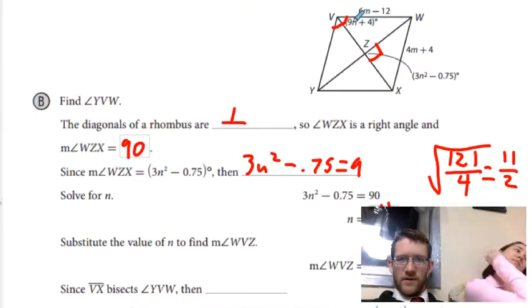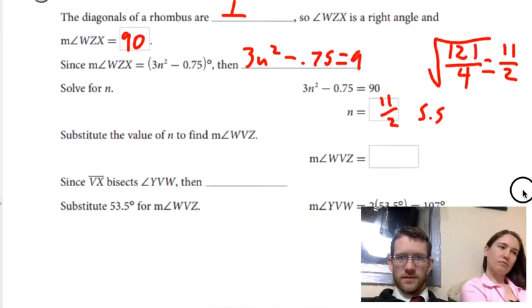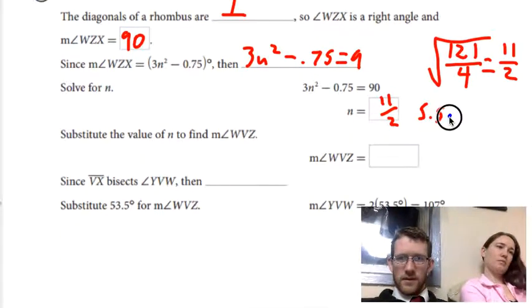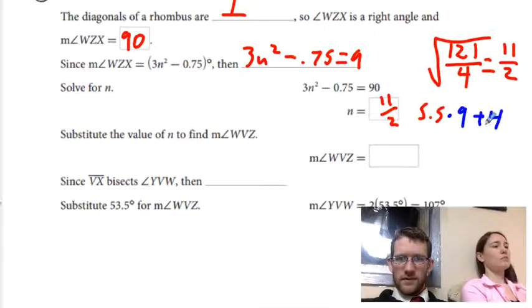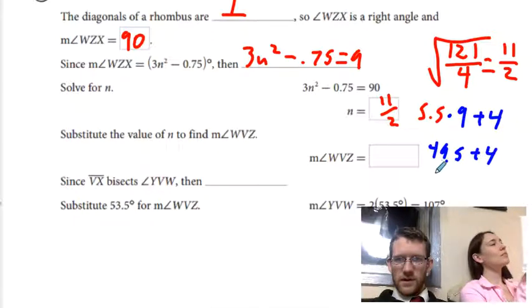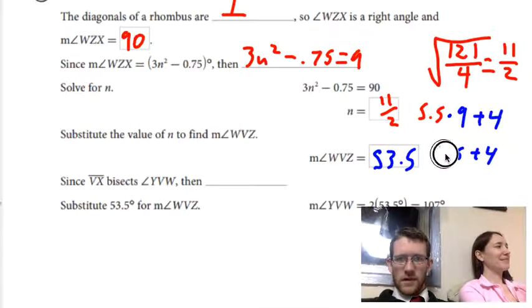So in this case, it's 5.5 times 9 plus 4. 9 times 5.5 is 49.5. 49.5 plus 4 is 53.5.